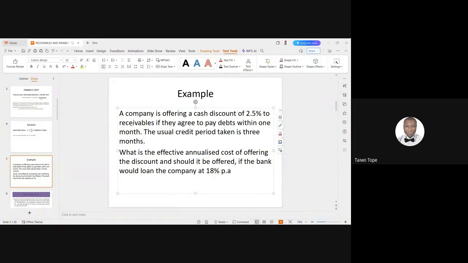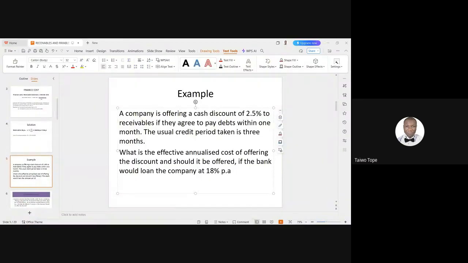A company is offering a cash discount of 2.5% to receivables if they are able to pay debt within 1 month. The usual credit period taken is 3 months. So 3 minus 1 is 2. You're expected to pay your debt within 3 months.